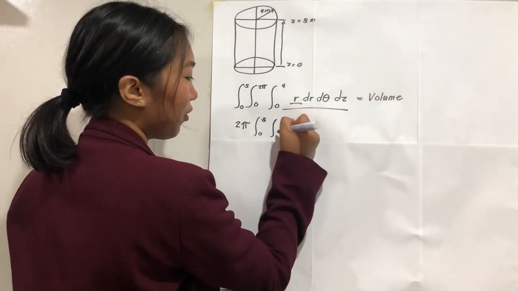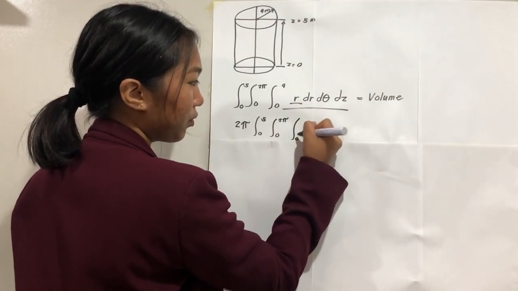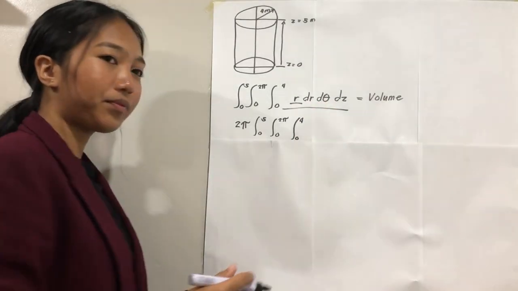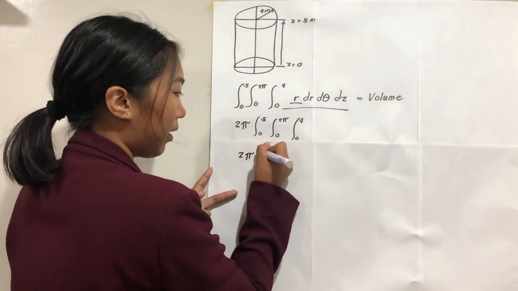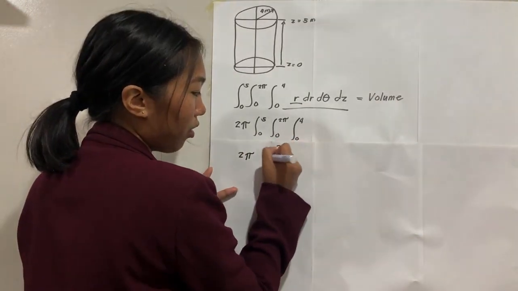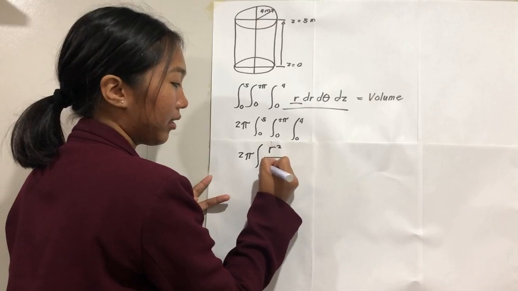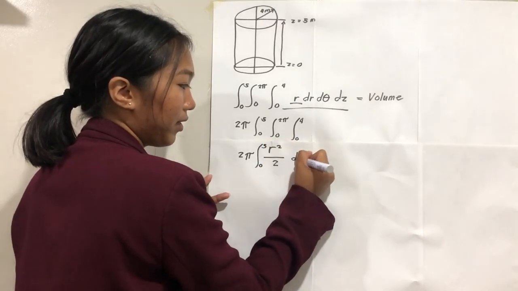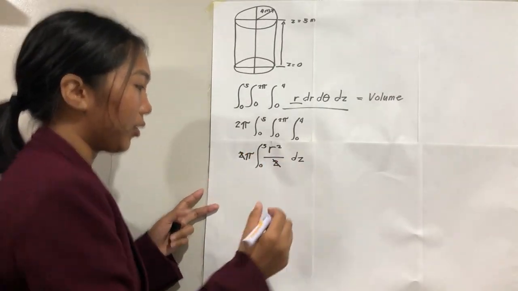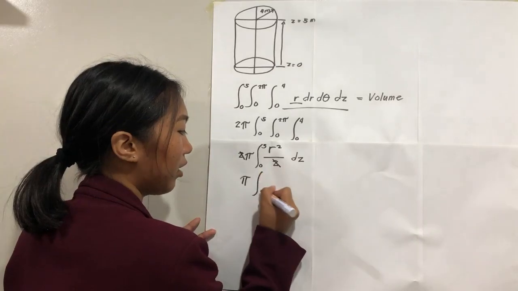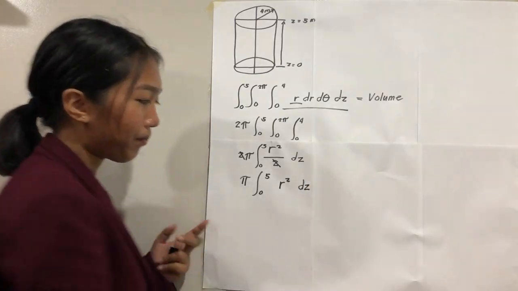It will give us 2 pi, the integral from 0 to 5, and simply, the integral of r from 0 to 4 is r squared over 2, then the integral for the height, 0 to 5 dz. So cancel this out, and that will give us pi times the integral from 0 to 5 of r squared dz.